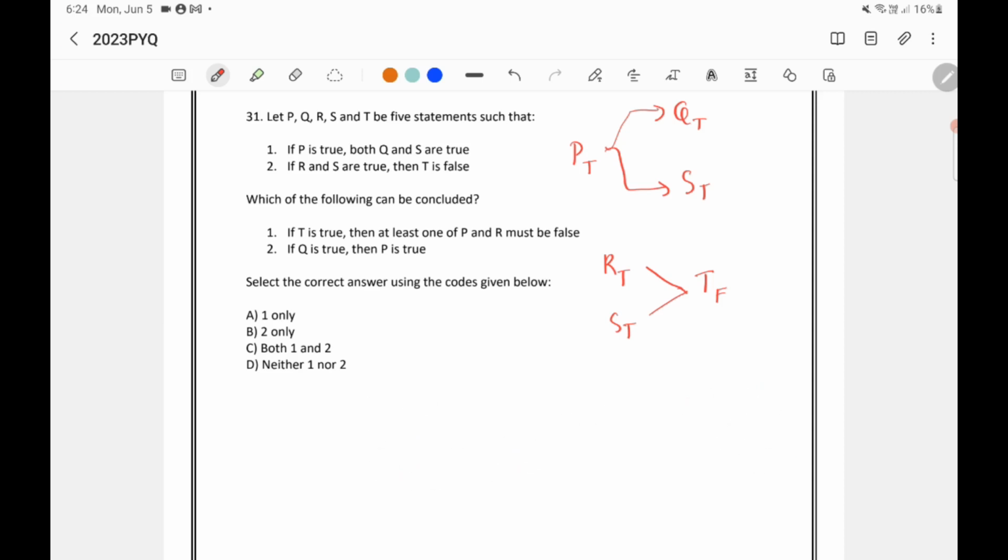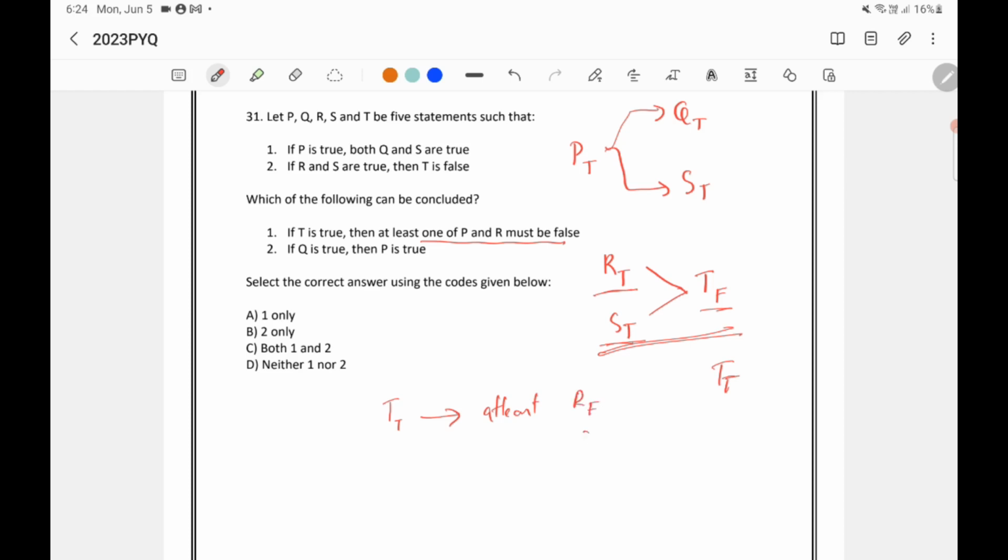Conclusion 1 says that if T is true, then at least one of P and R must be false. Now this statement says that if R is true and S is true, then T is false. So if T is true, at least one among R or S is false.